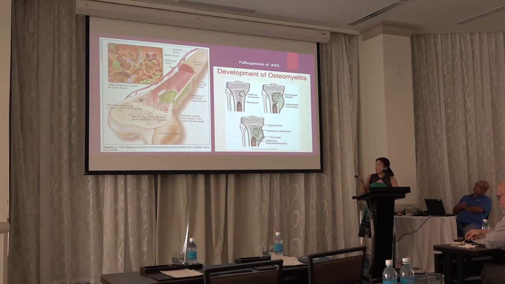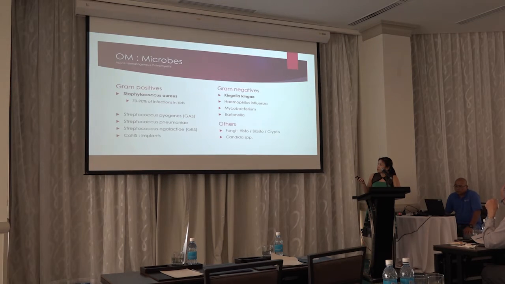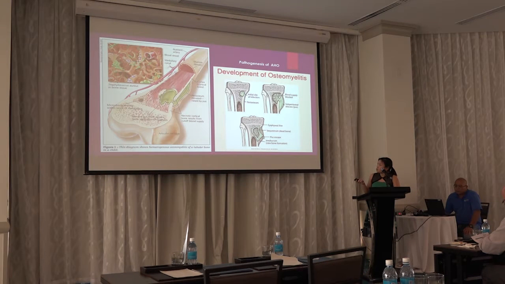What is its pathogenesis? Like I mentioned, the bacteria goes from the blood to the bone, where it's highly vascular. The problem is the loops of cartilage here are sluggish. So once it hits the bone, the bacteria isn't cleared very well, so it sets up shop and becomes an initial site of infection.